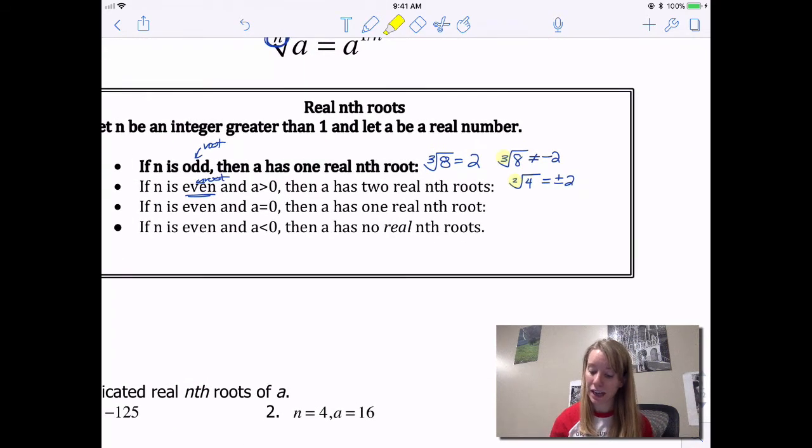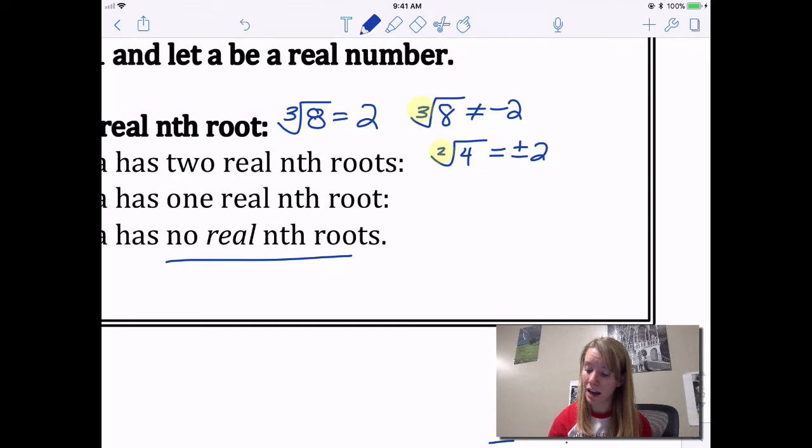And then the last thing talks about when a is equal to 0 and when a is less than 0. So when a is less than 0, then I have no real nth roots. What that means is, for example, the square root of negative 8.